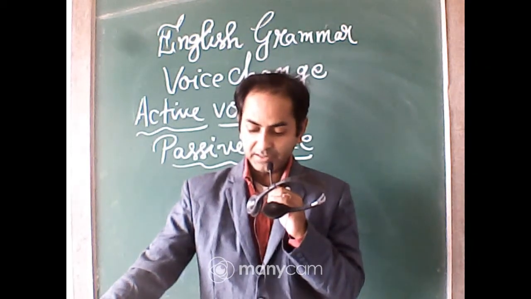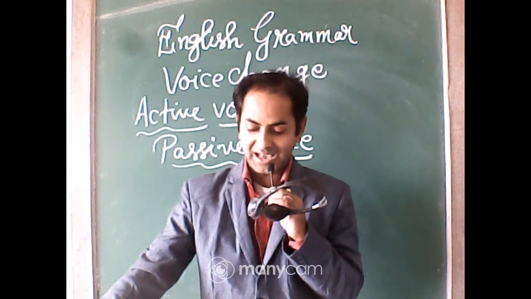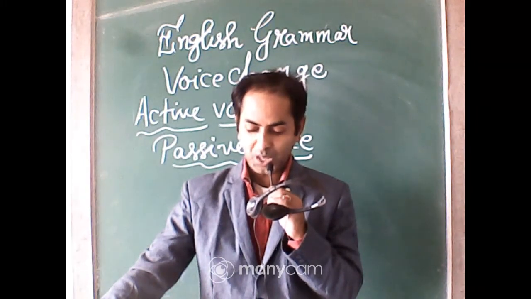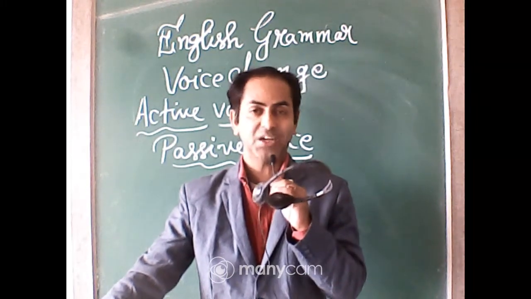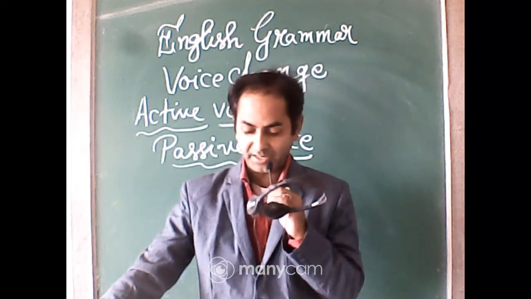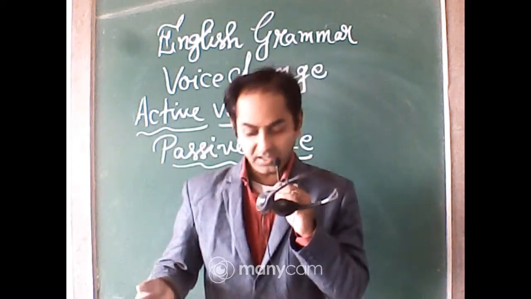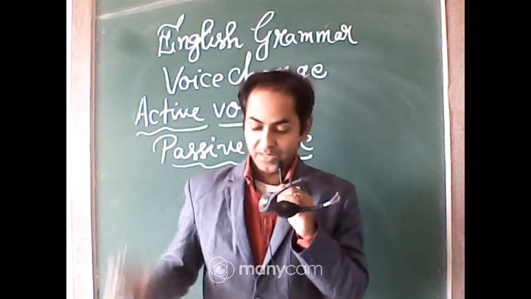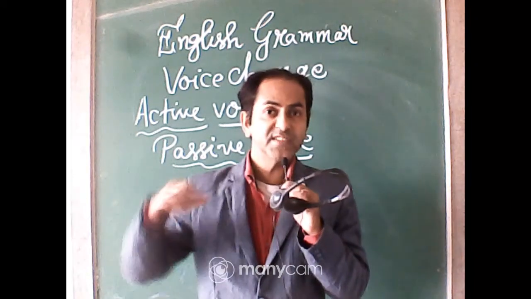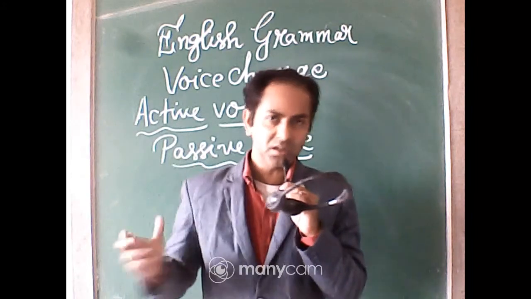Here we can clearly see that Namita and Britney Spears are the subjects in the above sentences, and each one is the doer of the action. That means they are performing the action, they are singing. Namita is doing the work, and Britney Spears is the performer, the doer of the action.